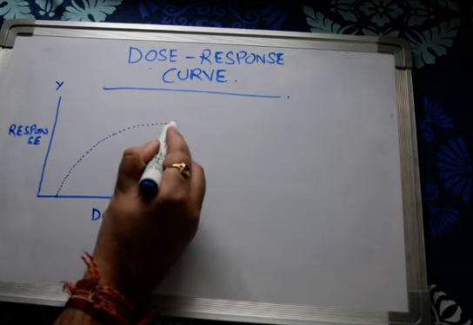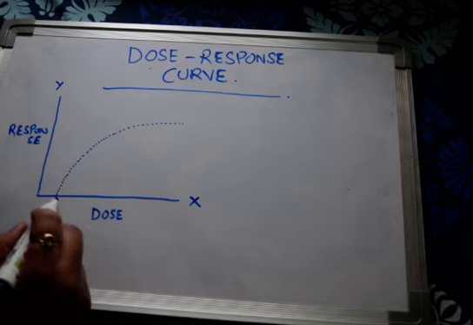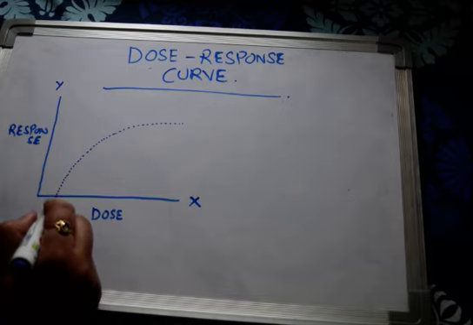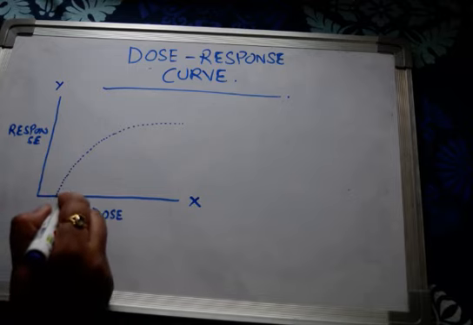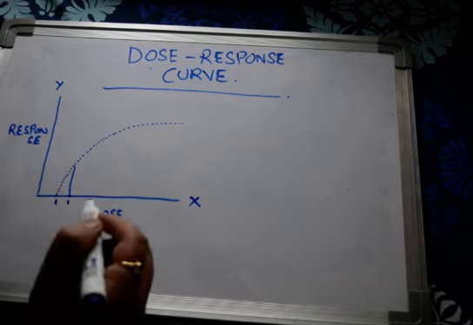So what you are seeing here is, very small increments in doses will lead to an increased response. For example, this much of a difference of a dose, here it is giving you so much of a change in the response.